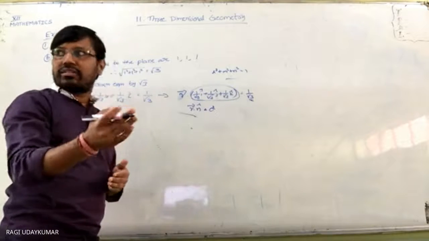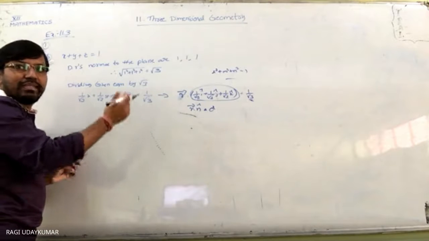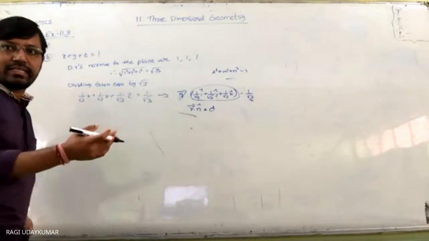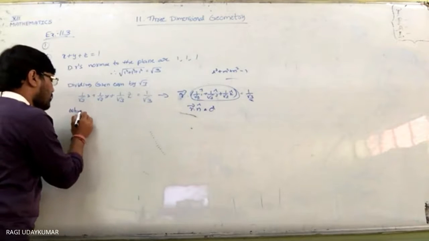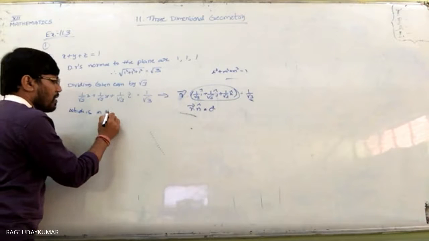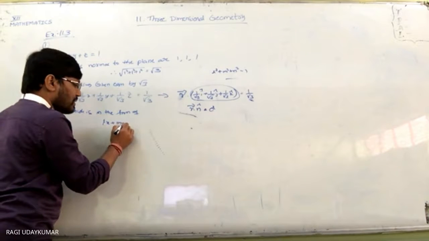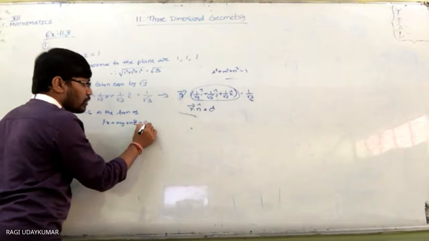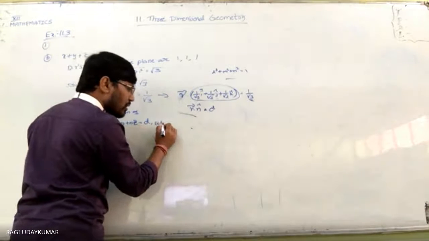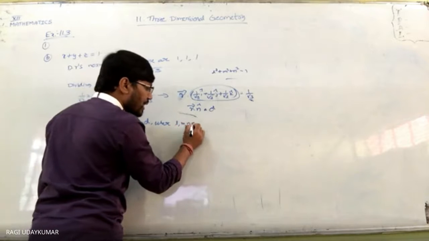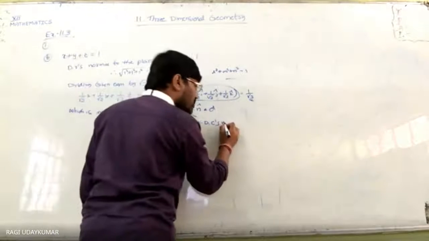You can write the equation of a plane in the form Lx plus My plus Nz, where L, M, N are direction cosines. In that case also d is called the distance. So it is in the form Lx plus My plus Nz is equal to d, where L, M, N are direction cosines normal to the plane.